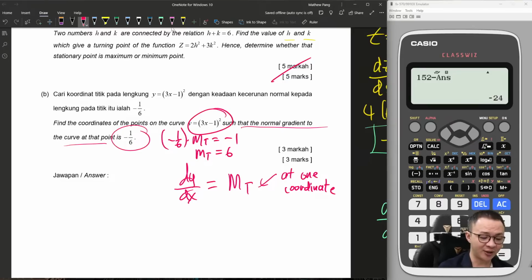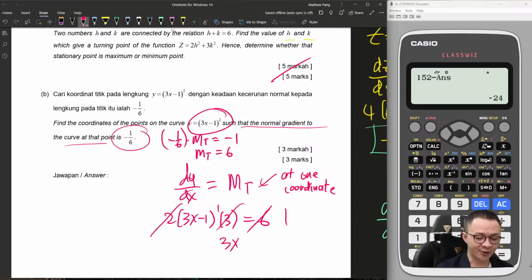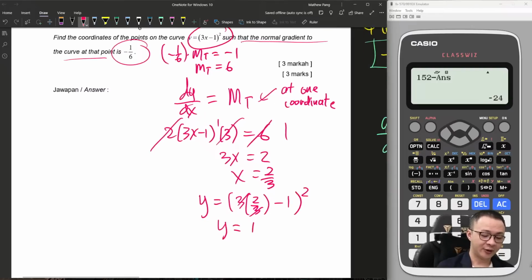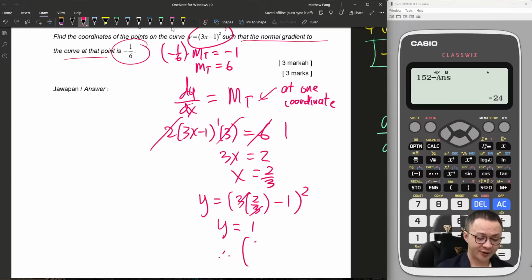If I differentiate this one, I should get 2, 3x minus 1, and then times 3 equals 6. I see 6 and 6 on both sides, right? Left with 1. So 3x equals 2, x equals 2 over 3. Then I want to get the y coordinate, right? So y equals 3 times, 2 over 3 minus 1, squared. So y equals 1. Okay, so my coordinate is 2 over 3 and 1.